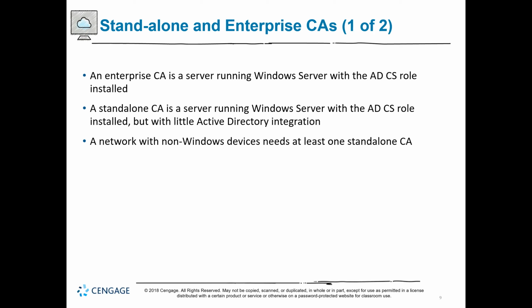That's why you see the standalone CA with minimal Active Directory integration. Usually the enterprise CA is used for your regular Windows, Microsoft devices, and the standalone CA is what you'll use when you have non-Windows devices use that as well.